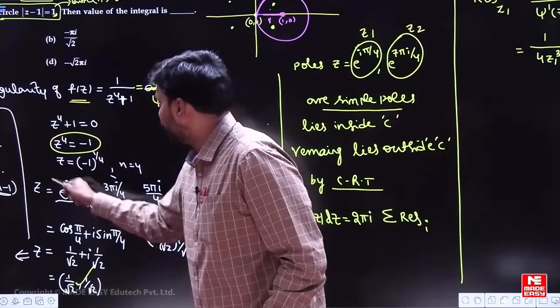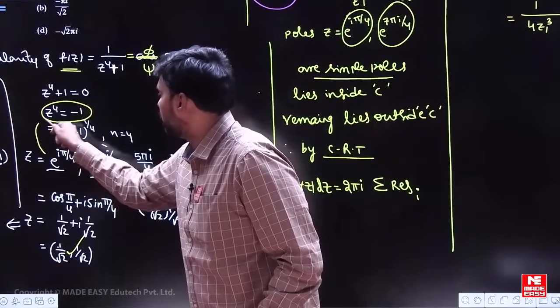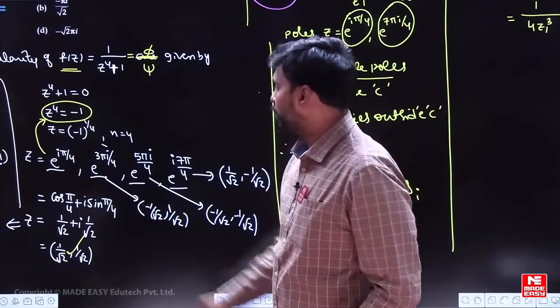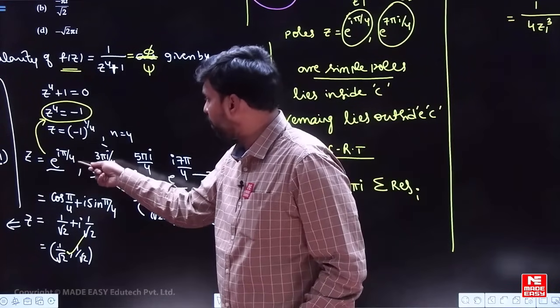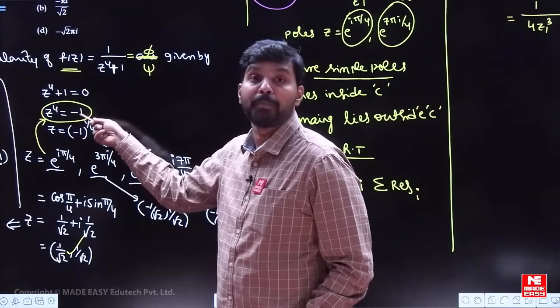z power 4, for z equal to e power iπ/4, so z power 4 will be minus 1.